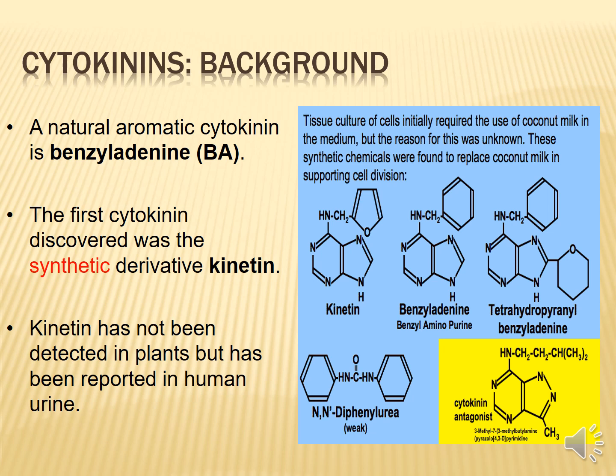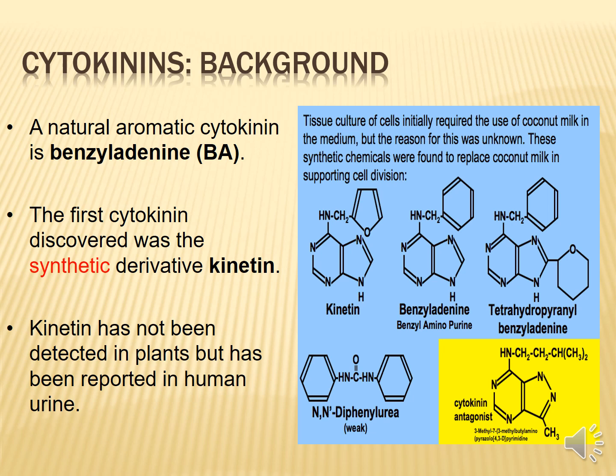Because we have two types, isoprenoid cytokinin and aromatic, this slide shows the aromatic cytokinin with its structure. One of the natural aromatic cytokinins is, for example, benzyladenine, or BAP.